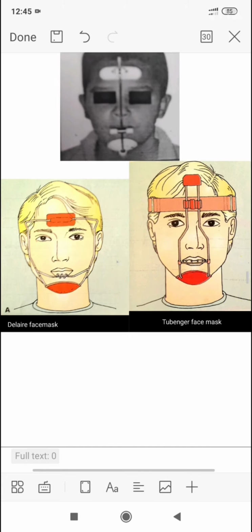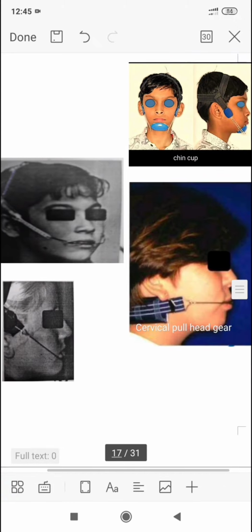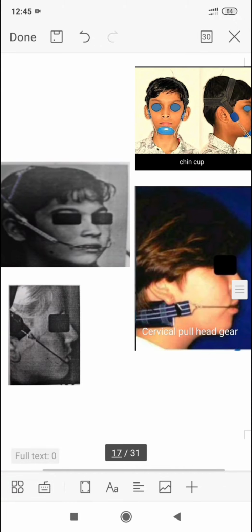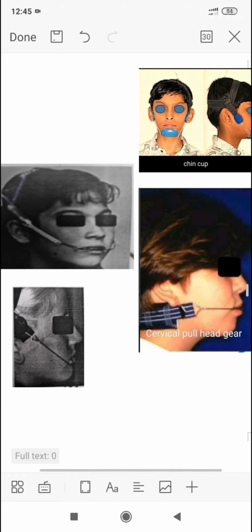So first we'll discuss the headgears. These are the headgears. It consists of three components: face bow, force element, and head or neck cap, as you see.